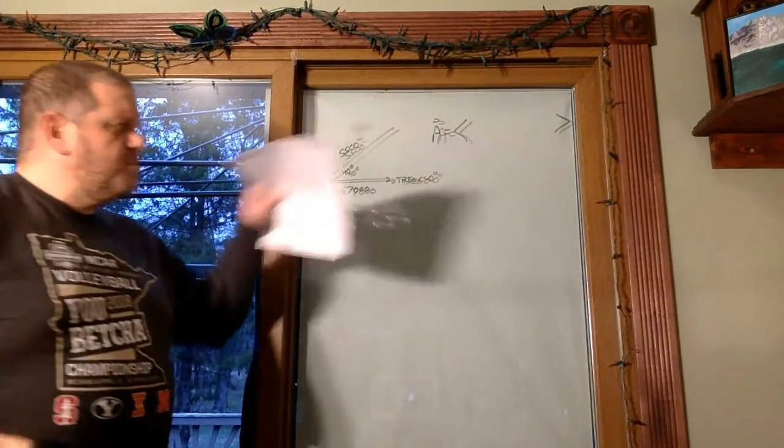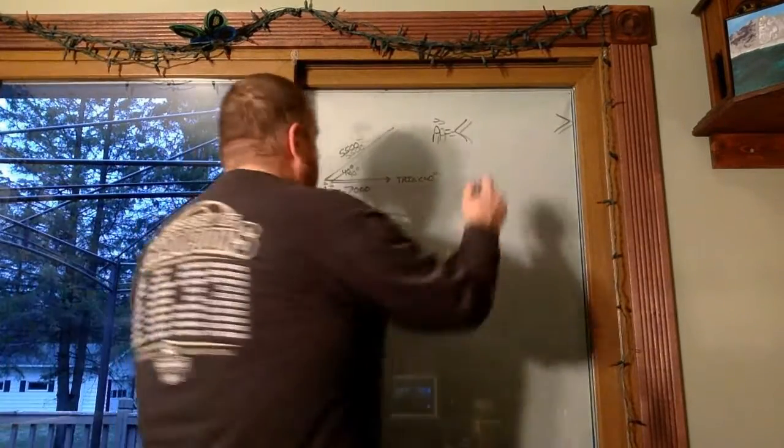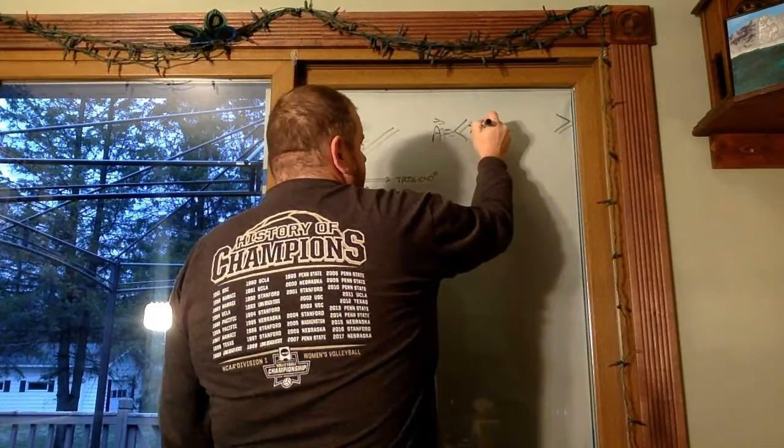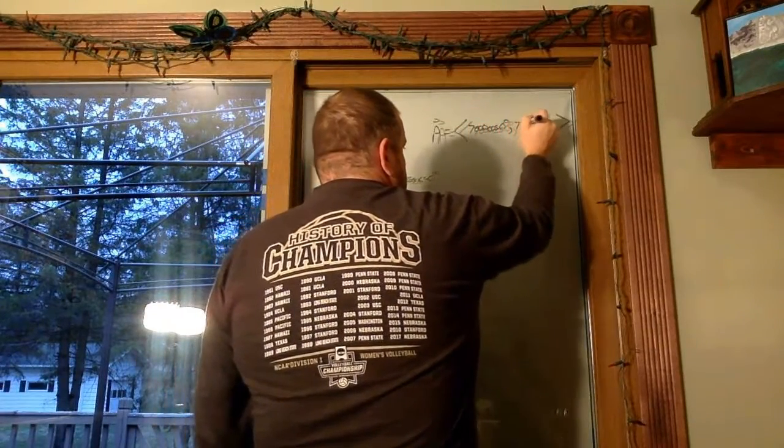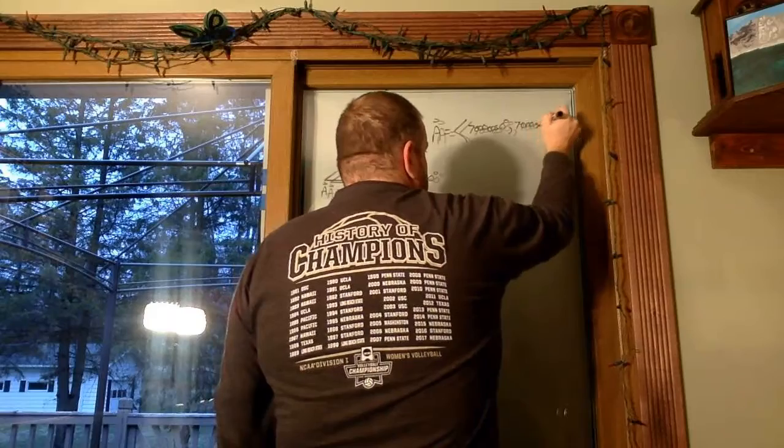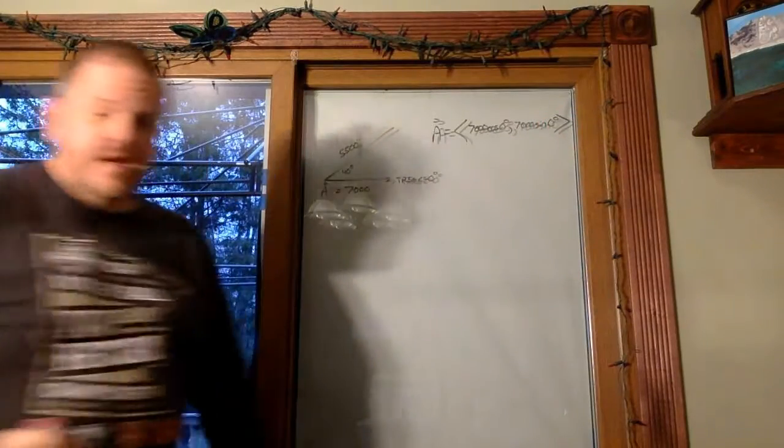Okay? So he is just horizontally pulling. So I could go 7,000 cosine of 0 degrees, 7,000 sine of 0 degrees.